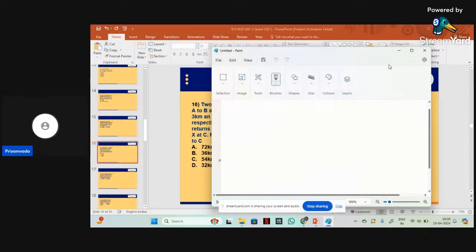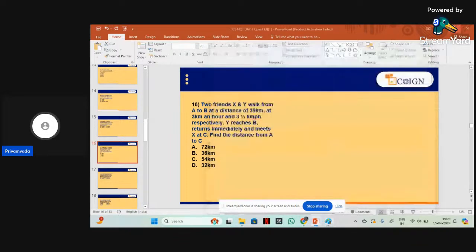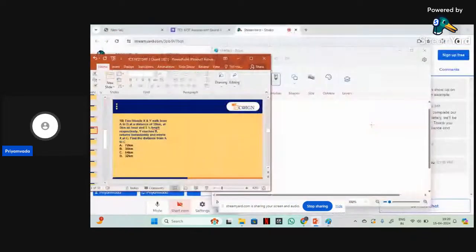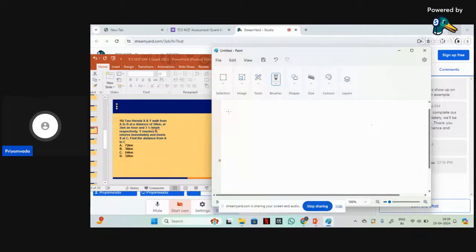In this kind of question, first of all we'll consider the distance traveled totally by all of them together. So just give me a second.